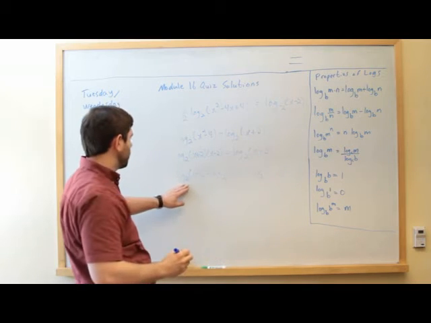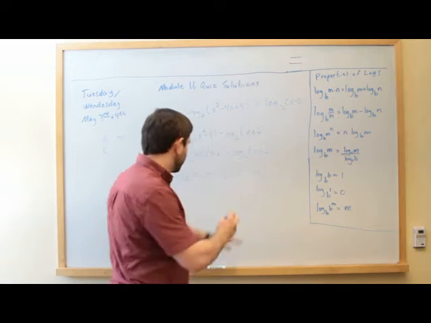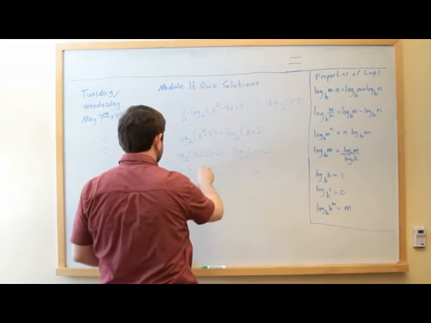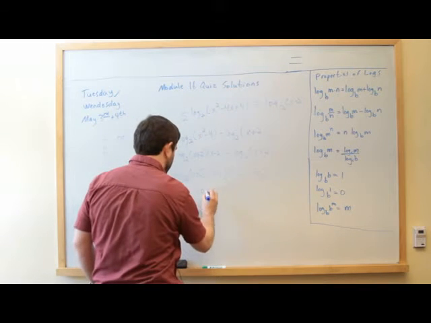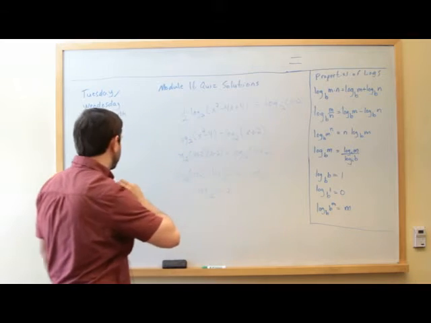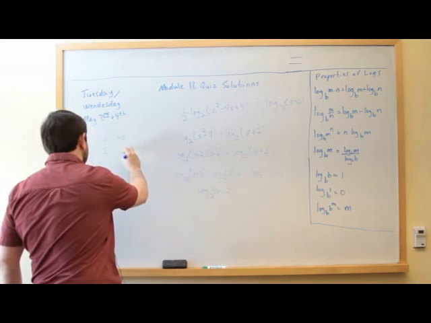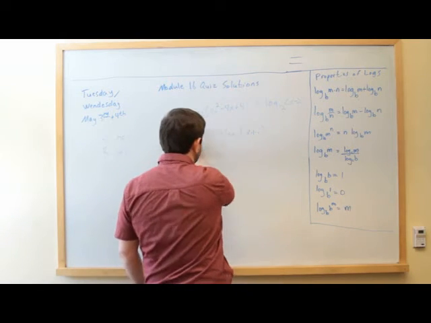And we have log base 2 of x plus 2 plus log base 2 of x minus 2, minus log base 2 of x plus 2. These will cancel. And we are left with log base 2 of x minus 2. Bingo! We got it. Okay, C. Yeah, this isn't so bad, guys. You're getting it.